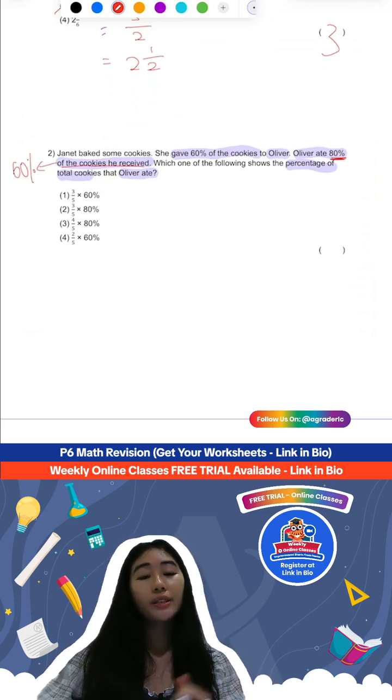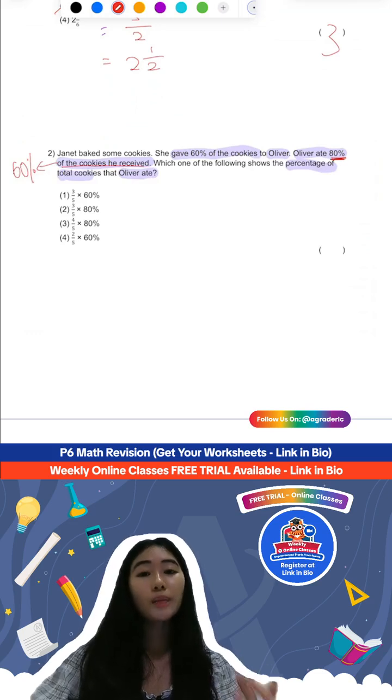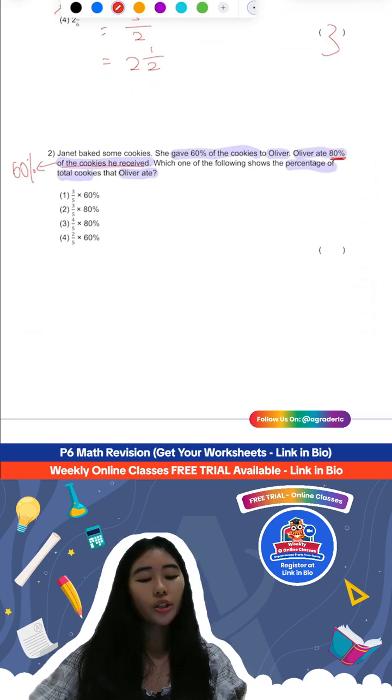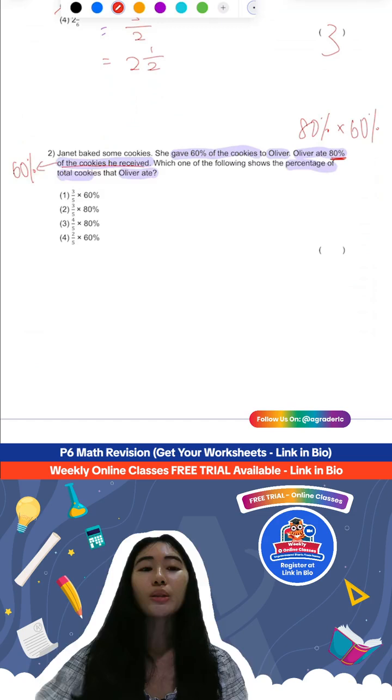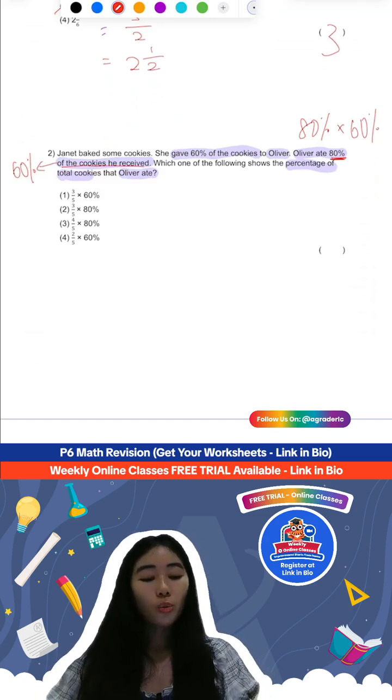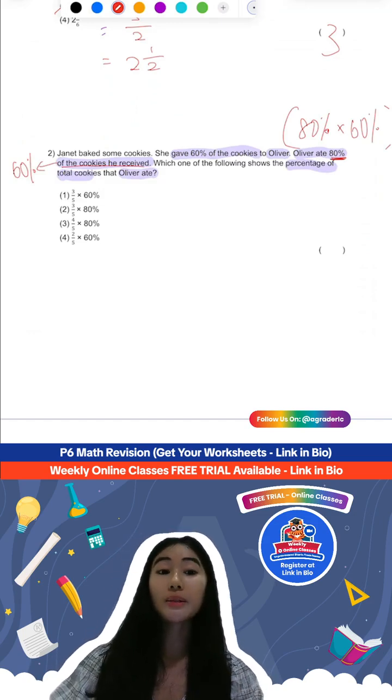Because Janet gave 60% to Oliver. So 60% is the cookies that he received. So if he ate 80% of the 60%, you are trying to find out which combination is 80% times 60%. Okay, because the keyword of means multiply.